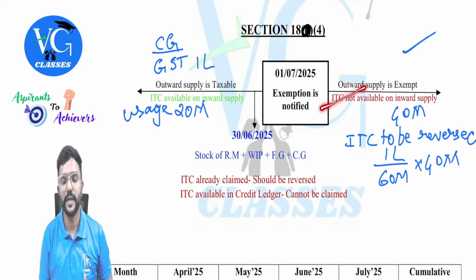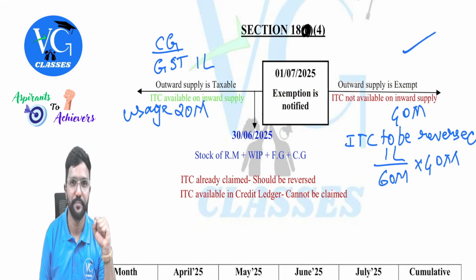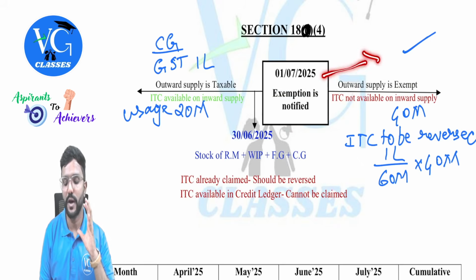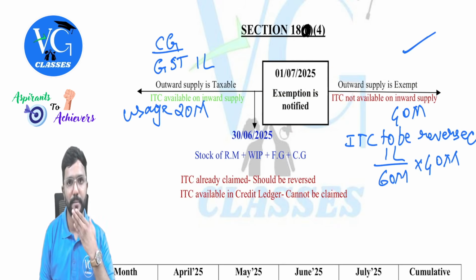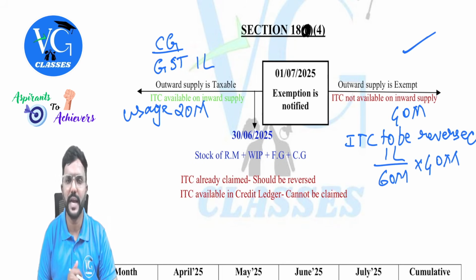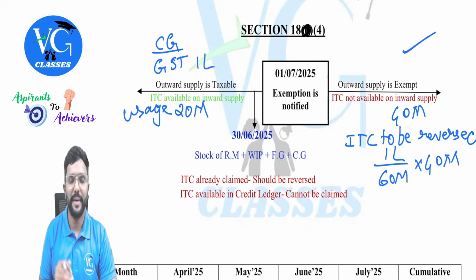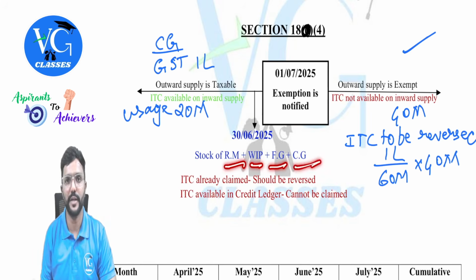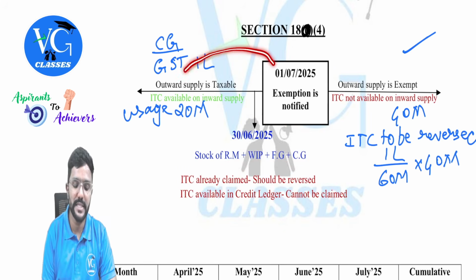In that case, on my inward supply, I cannot claim credit. Anything which I purchase on or after 1st July, I cannot claim credit. But anything I purchased before 1st July, I was eligible to claim credit. But if I am having any stock on the preceding day, that is on 30th June, stock of raw material, WIP, finished goods and capital goods, I would have purchased it when my outward supply is taxable.